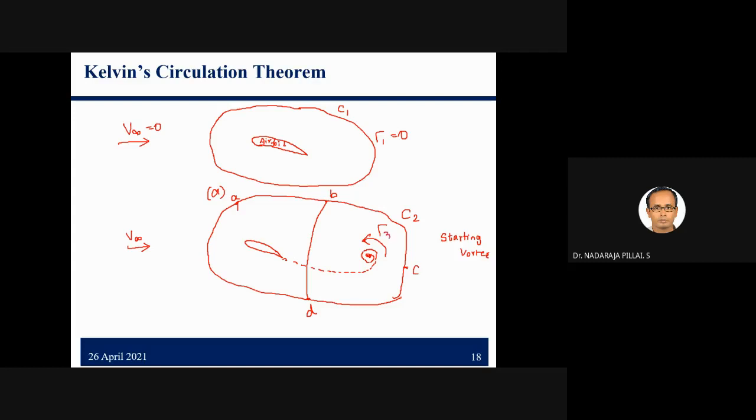I will call this gamma 3. If at C2 or beyond C2 it needs to be maintained that there is no effect of this airfoil, this gamma 3 should produce another gamma, say gamma 4.